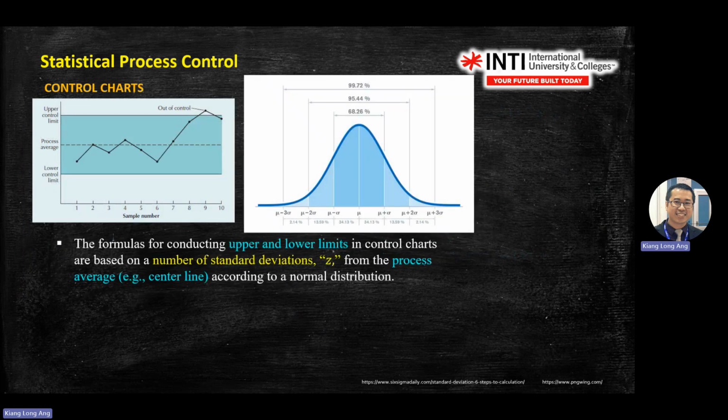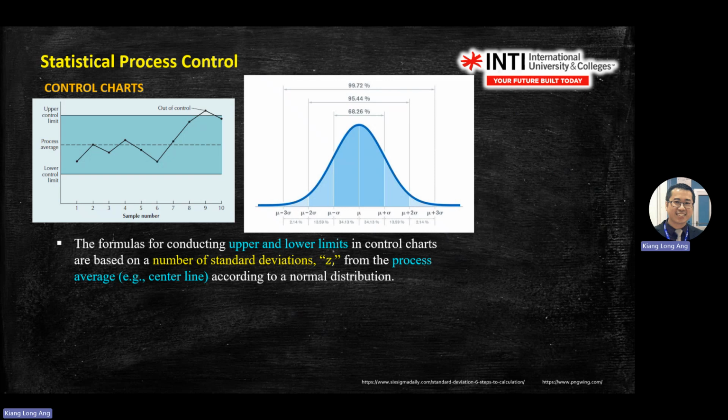In general, in statistics we have 68%, 95%, and 99%. What do we mean by 68%? 68% is at 1 sigma. You have 1 sigma on the left-hand side and 1 sigma on the right-hand side. If you only have 1 sigma control, you are controlling 68% of your process.